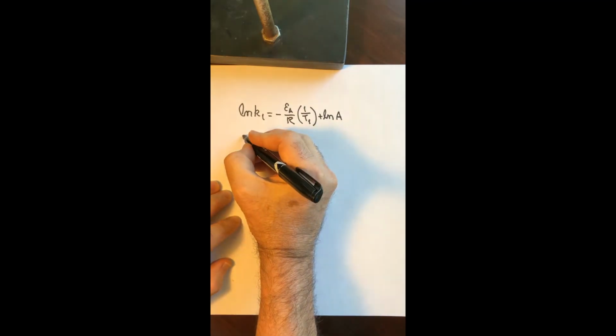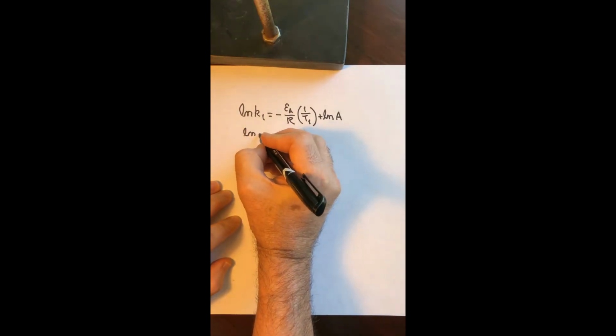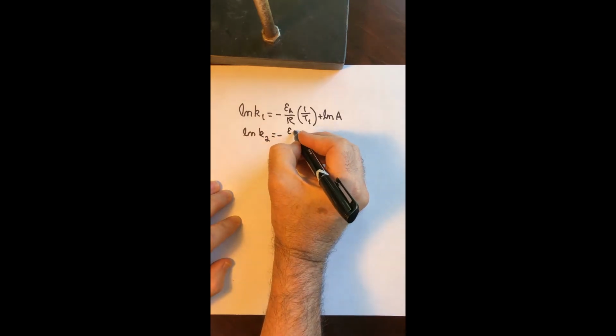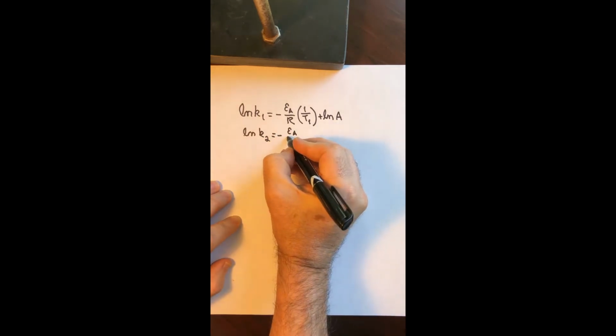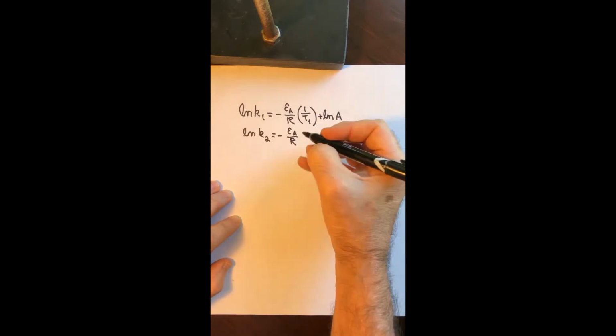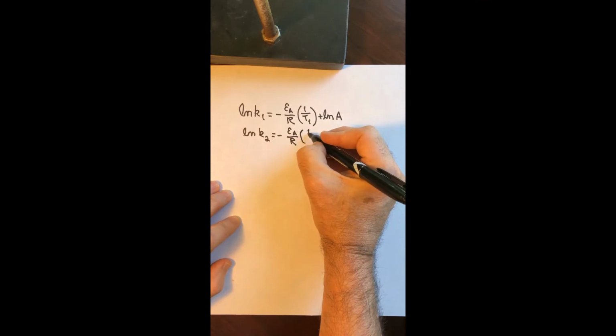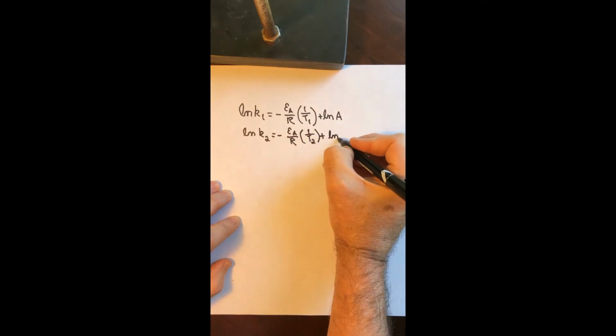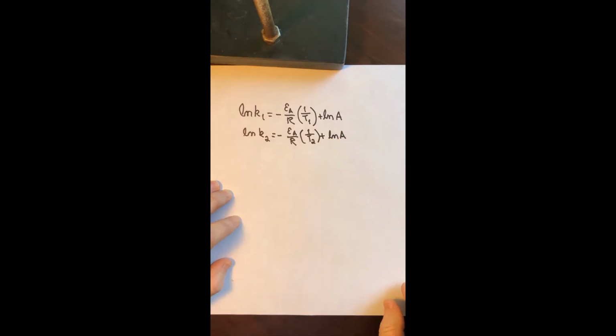That would be ln k2 equals minus activation energy over R times 1 over T2 plus ln A. The activation energy we assume is going to be the same, and A should also be the same, since this is a factor, which we'll discuss a little later, that has to do with the orientation of the molecules, not their energies.